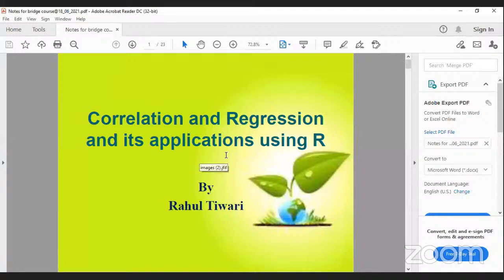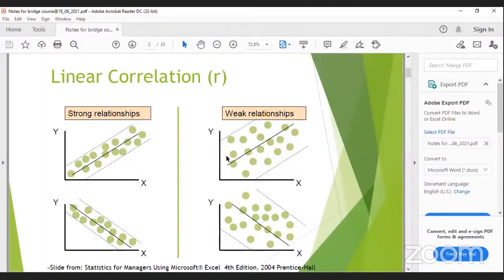There are different applications, but as I told, we go with the very basics because we have a mixed audience. So I will not consider more of this area, but I'm assuming that every student knows very well at least the basic concepts of correlation, regression and everything.